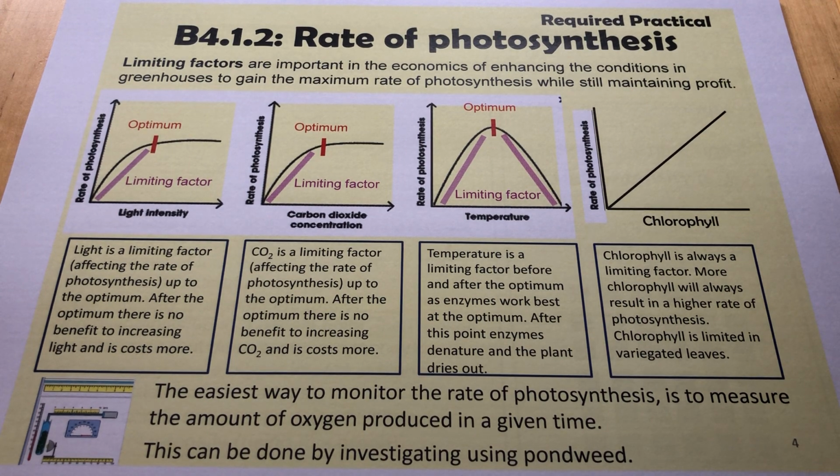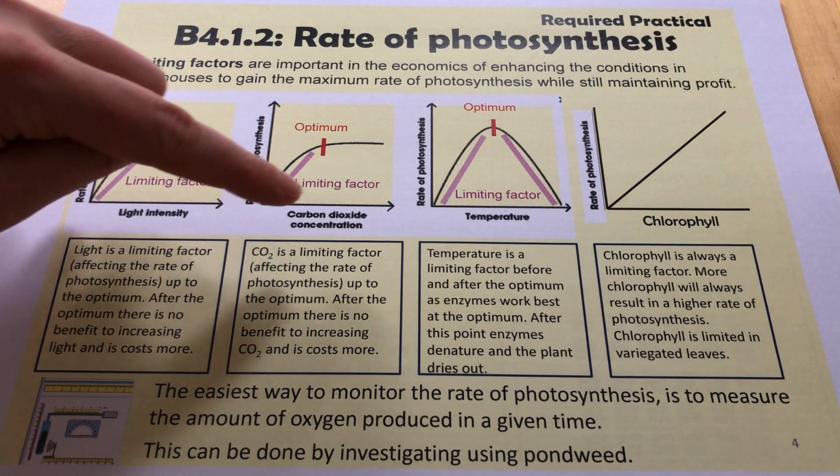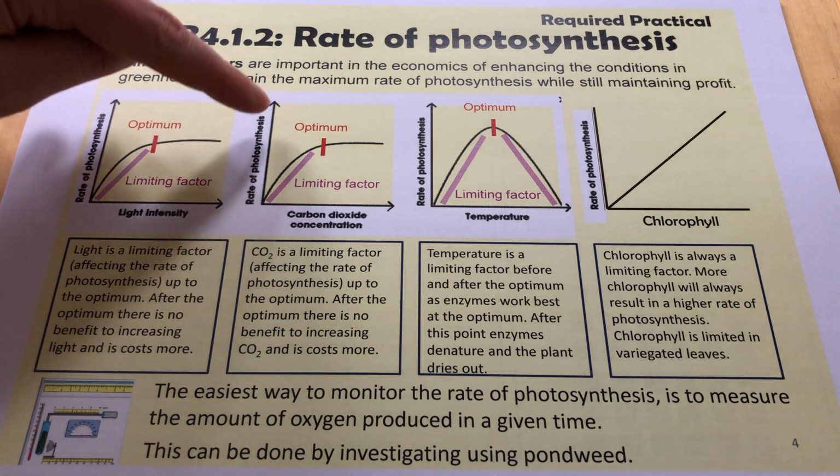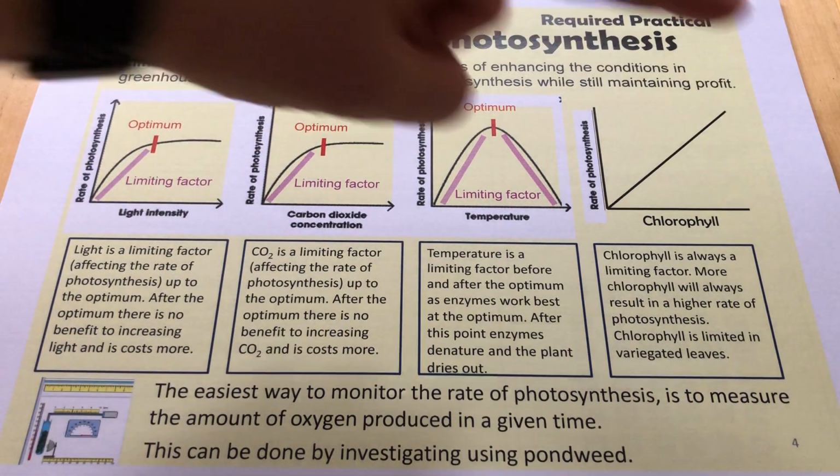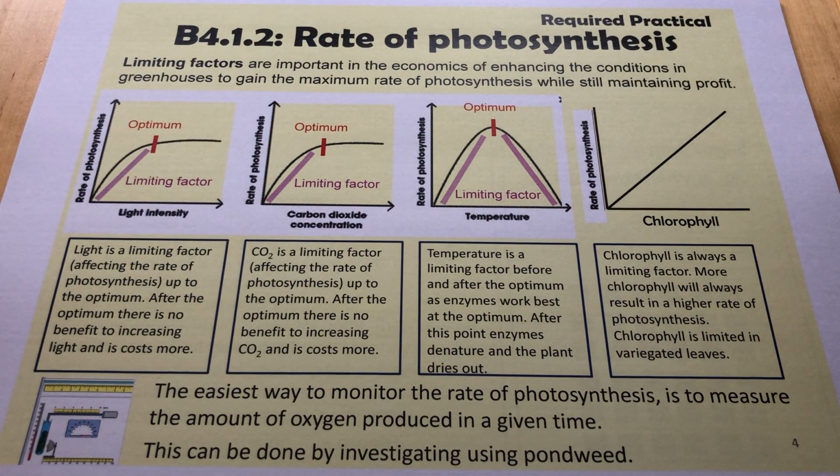If you've just got the plants outside in the open, the carbon dioxide levels are not going to change enough to make a difference. But same situation, you increase the carbon dioxide, you increase the rate of photosynthesis until you get to the optimum, and then something else is the limiting factor.